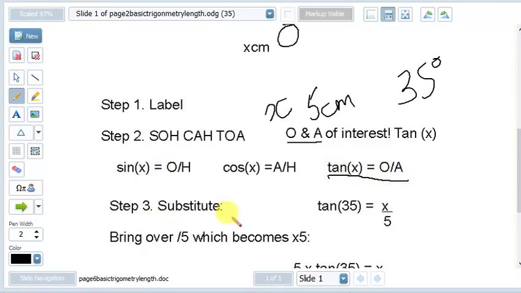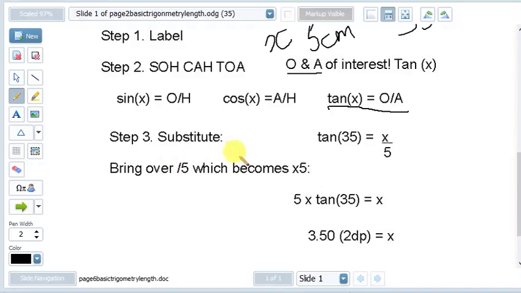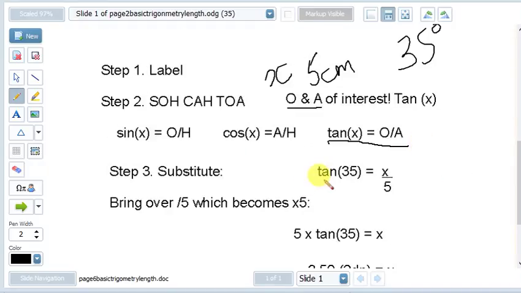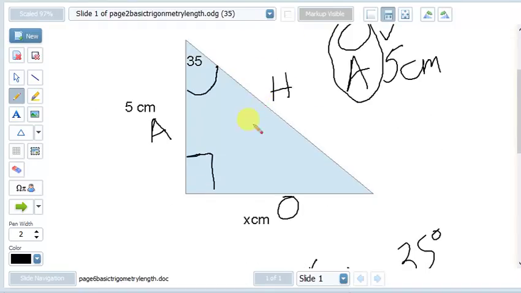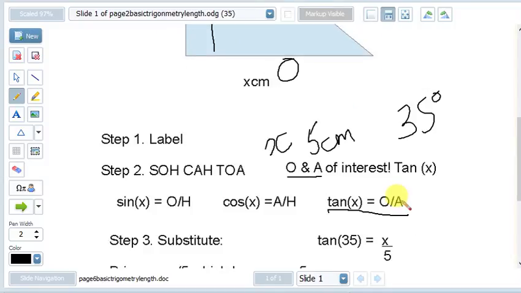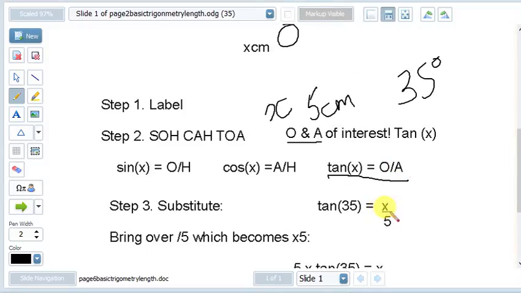Now step 3 is we substitute into the formula. So it's tan of the angle, and the angle is 35, equals x, and x is what we're trying to work out, and that's O, as we can see here. Opposite is x, and then it's over the adjacent, which is 5.